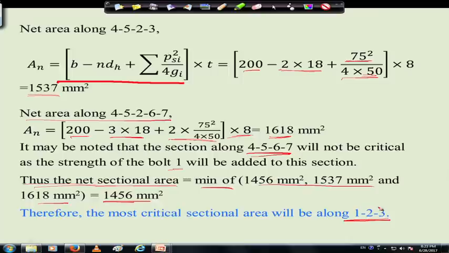So, this is how we can find out the most critical sectional area for the different cases we have calculated. One thing we have observed is that if we compare the connection using plain bolting or chain bolting with zigzag bolting, the efficiency will be higher in the case of zigzag bolting, which we have to keep in mind.